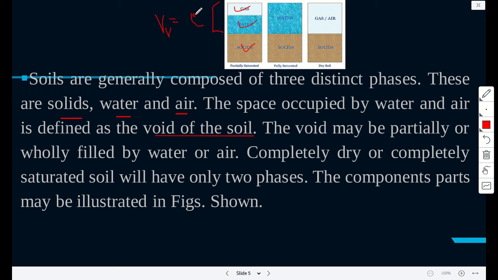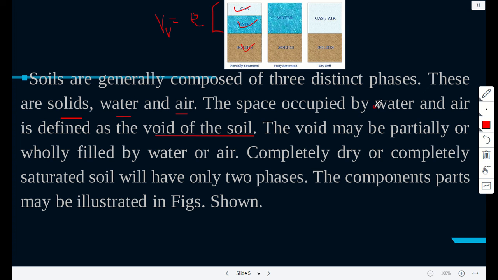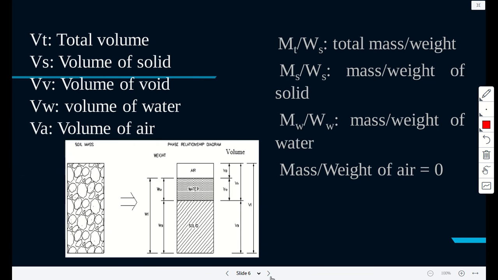Anyway, we are saying the space filled by gas and water is called the volume of voids. If it's saturated, that means that part is full of water. Or if it is dry, that means the voids are filled with air alone.